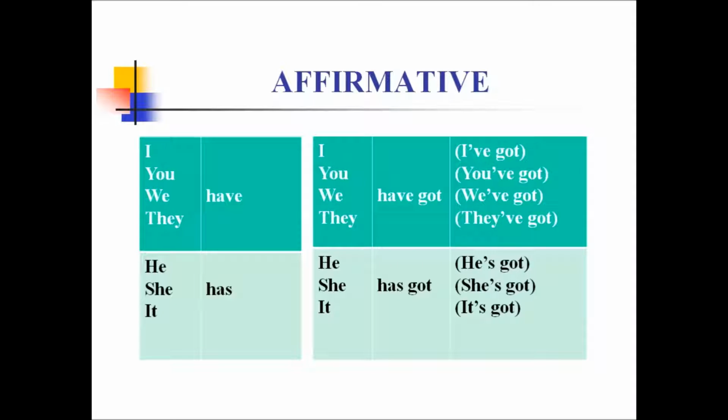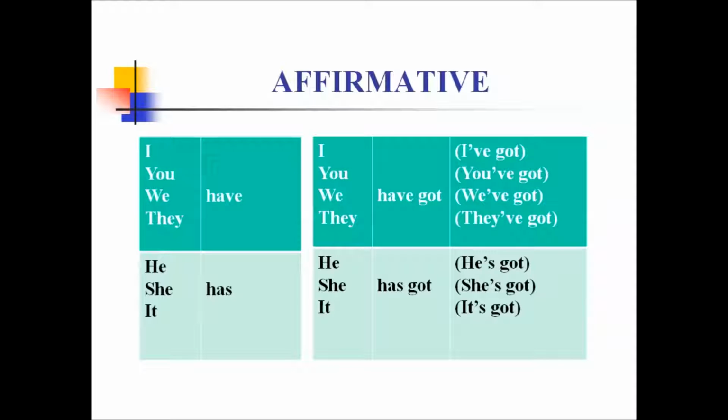Again, you use I have, you have, we have, and they have. For the third person, he has, she has, and it has. For have got, you use I have got, you have got, they have got. For the third person singular, you use he has got, she has got, and it has got.